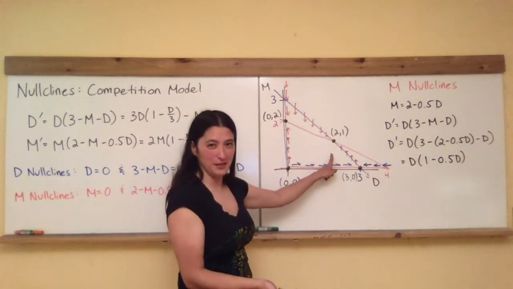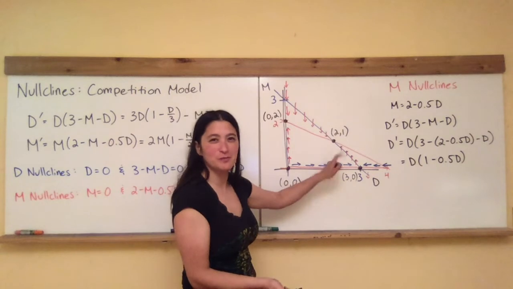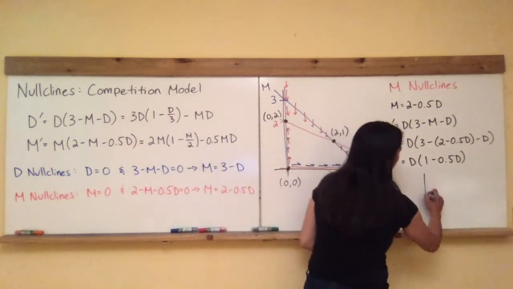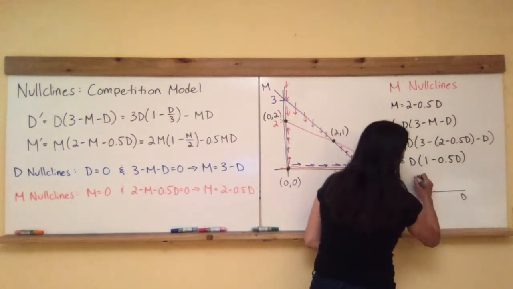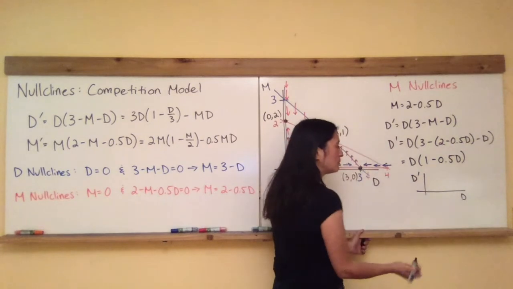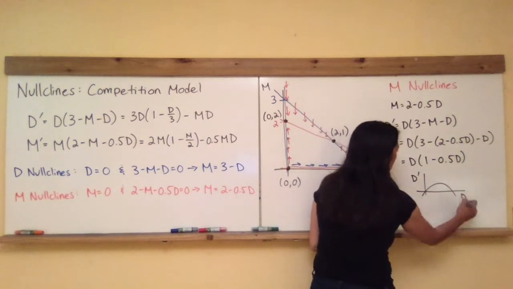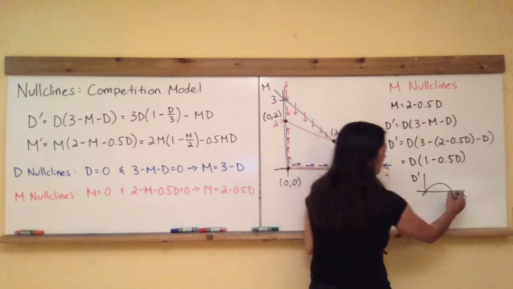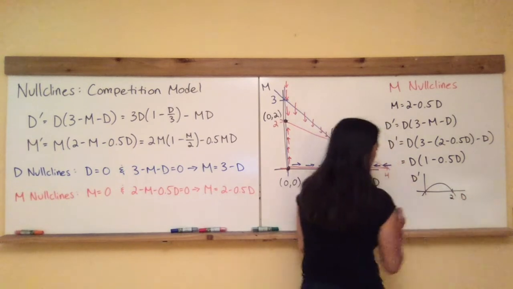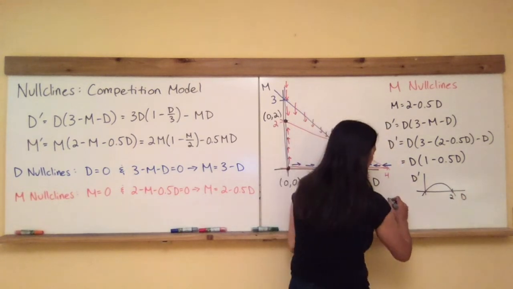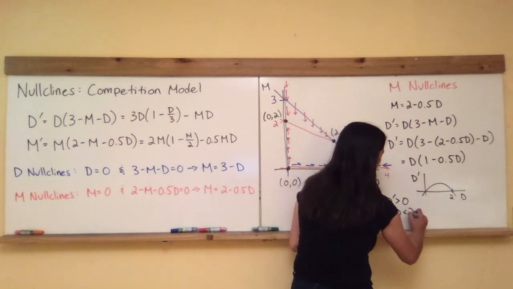Aha! Right at an equilibrium point, just as I suspected. Okay, and so I'm just going to do my little trick again, where I'm just checking the sign of D prime, knowing that it's a down-facing parabola, and it has roots at 0 and 2, and so I get the statement that D prime is greater than 0 when D is between 0 and 2.